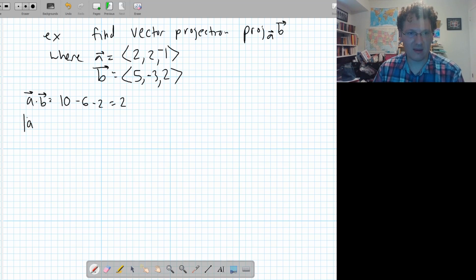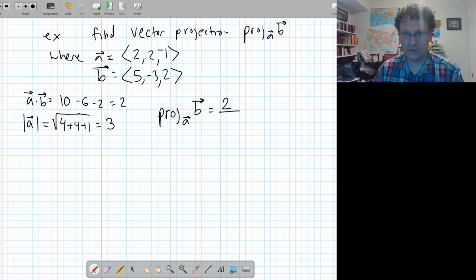The magnitude of A is the square root of 4 plus 4 plus 1, which ends up being 3. So the vector projection of vector B onto A is A dot B, which is 2, over the magnitude of A squared, which is 3 squared, times the vector A, which is the vector 2, 2, -1.